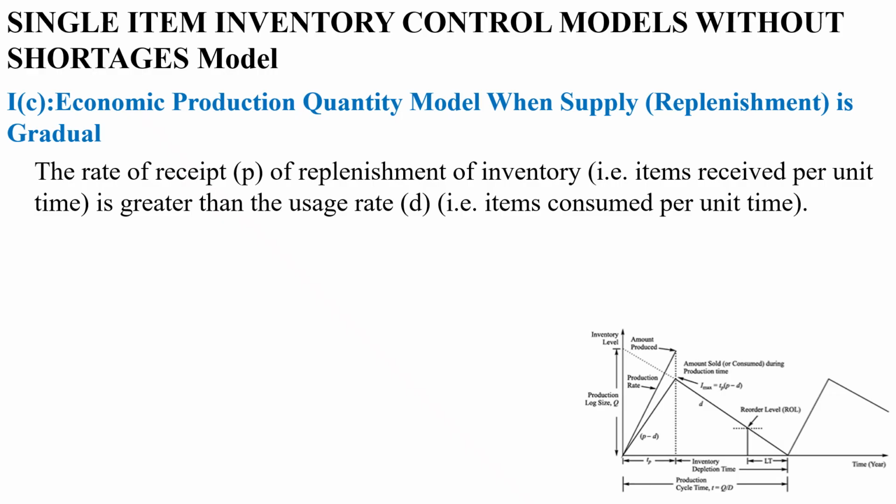Next model is model 1C, economic production quantity model when supply is gradual.